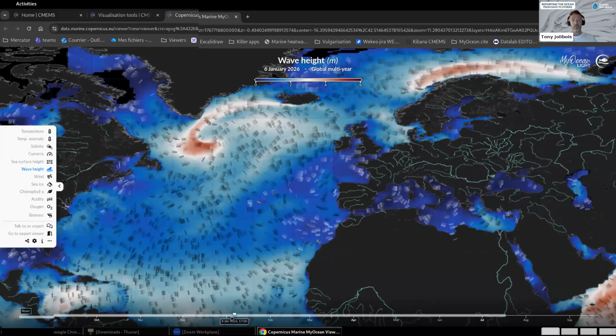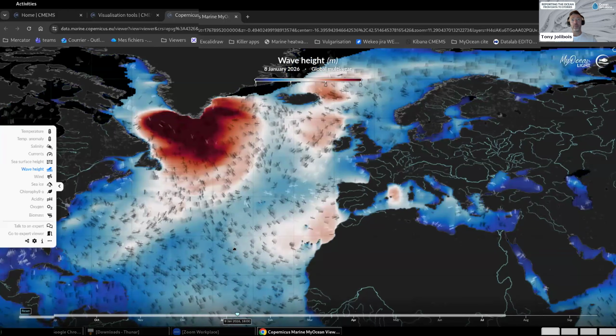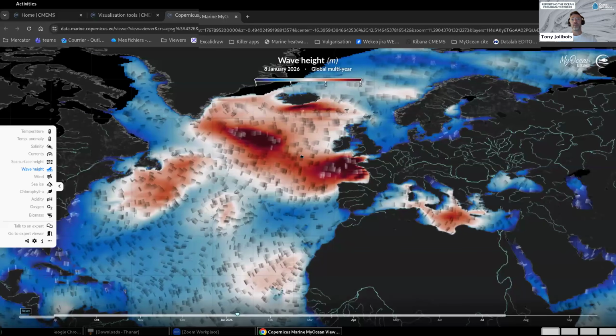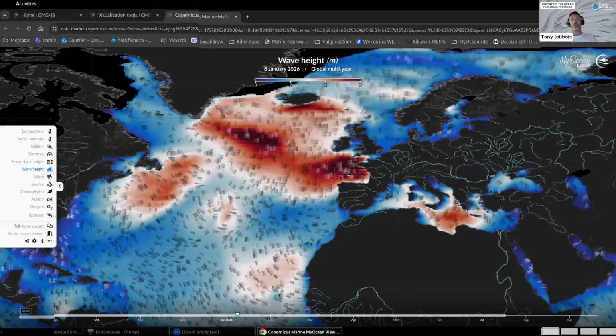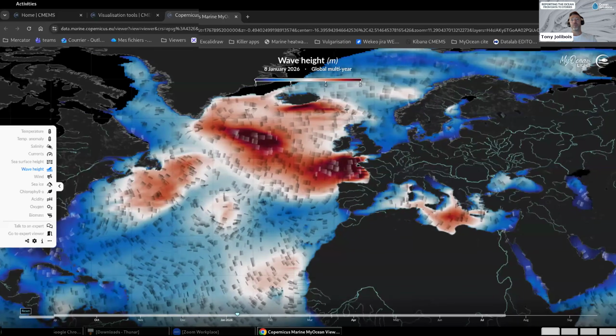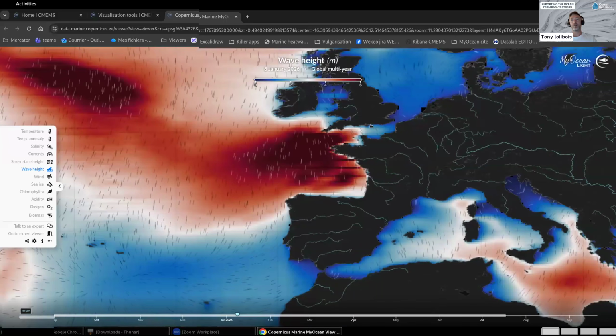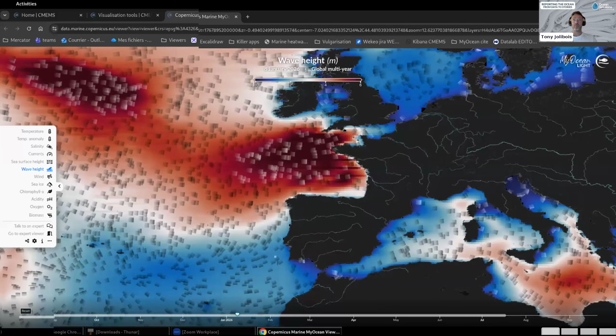For example, near the beginning of January 2026, there was this last storm reaching France and so the Bay of Biscay and the Manche Sea.